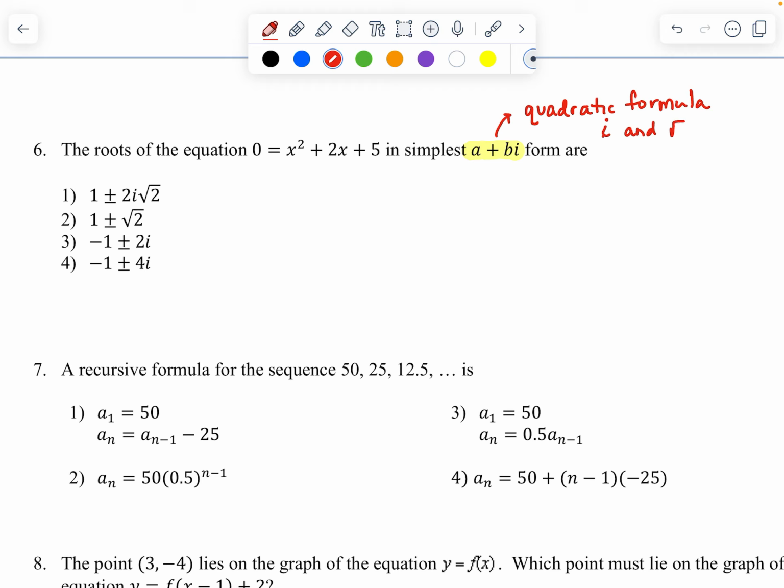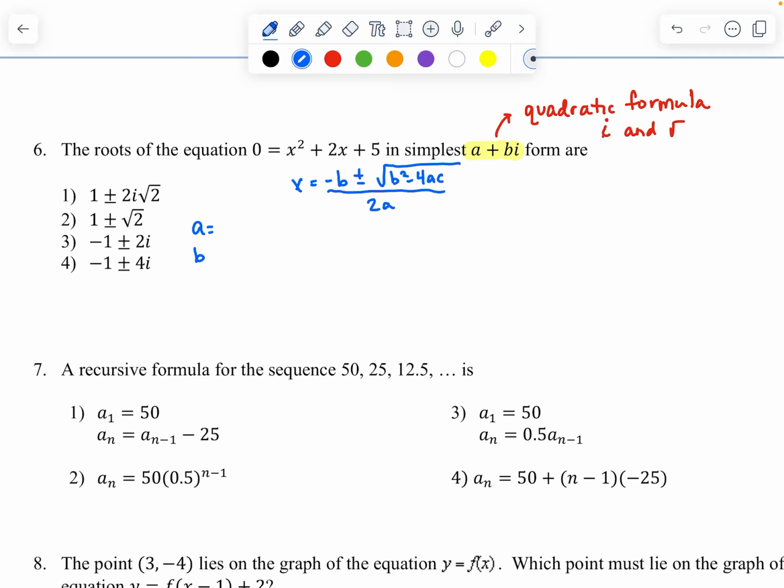Just saying. But the quadratic formula is given to you. The quadratic formula is x equals negative b plus and minus the square root of b squared minus 4ac, all over 2a.